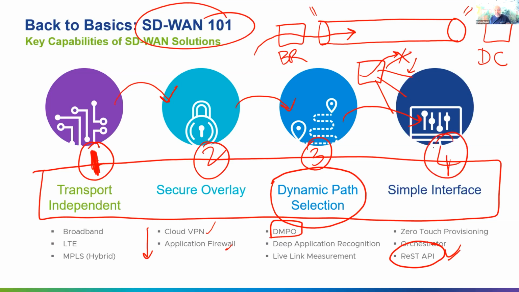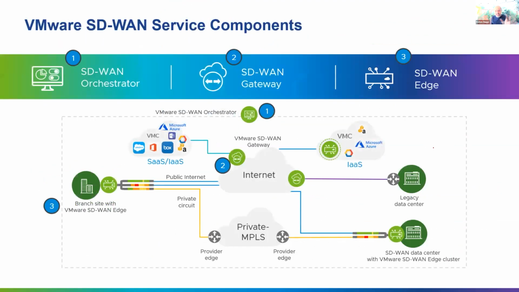I thought that I should talk about this SD-WAN 101 when it comes to VMware SASE. And this is how the VMware SASE architecture looks. We can skip this slide for now, but the key here is there are 3 key elements or components to VMware SD-WAN: the orchestrator, the management plane, the data plane where these SD-WAN edge devices are in the branch side or data center side, and then the gateways, which provide you with those SD-WAN capabilities.